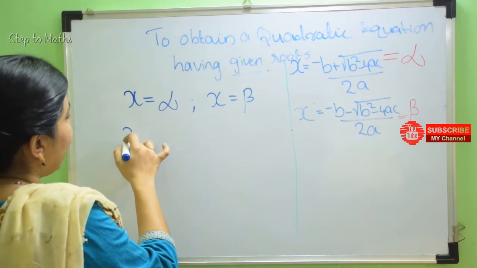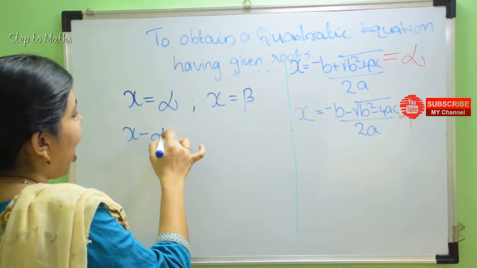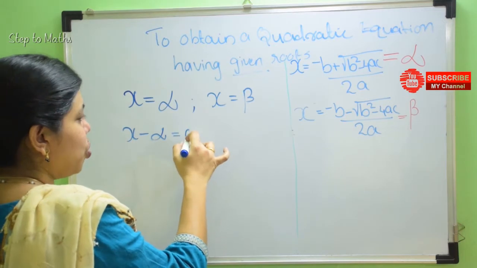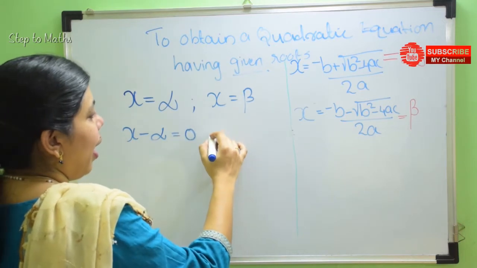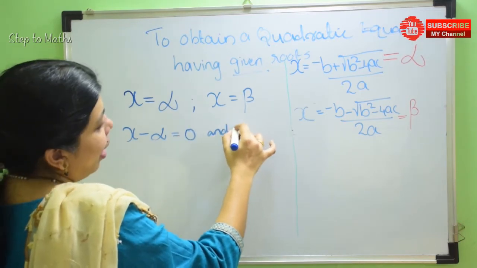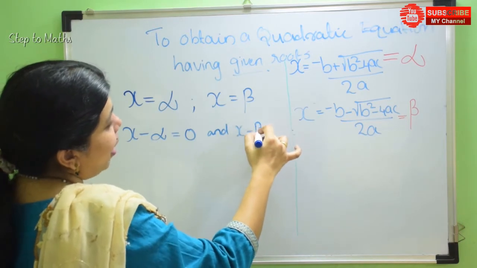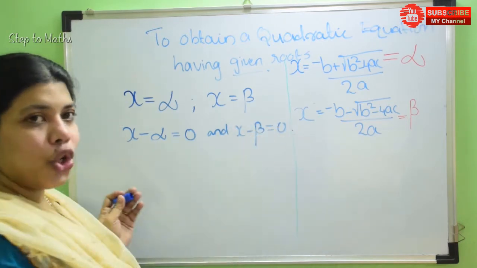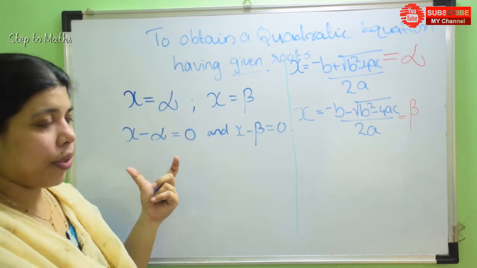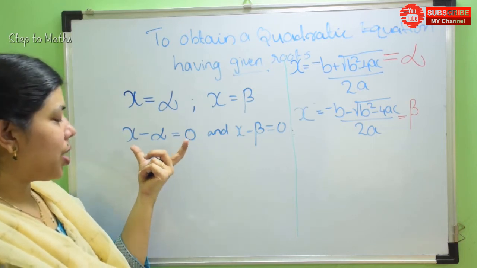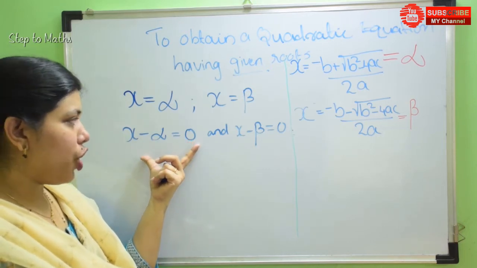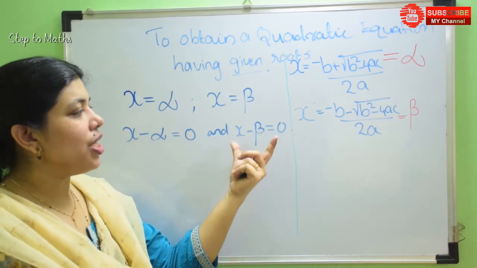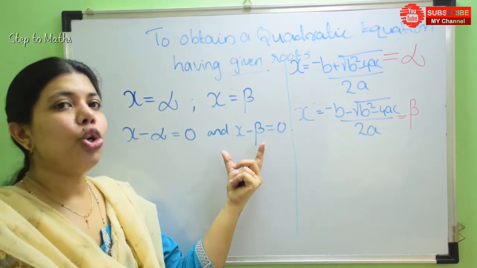From these we can write x minus alpha equal to 0 and x minus beta equal to 0.